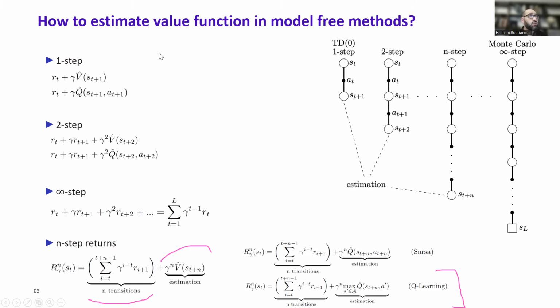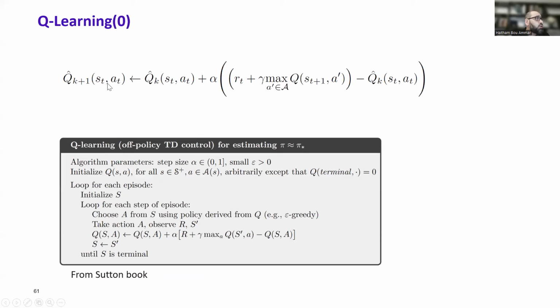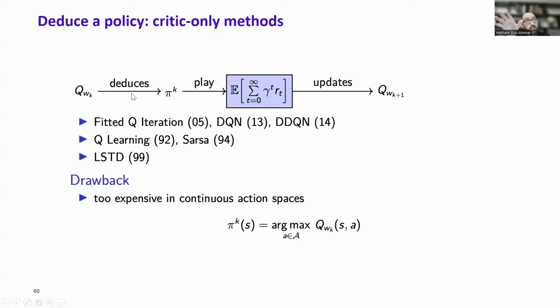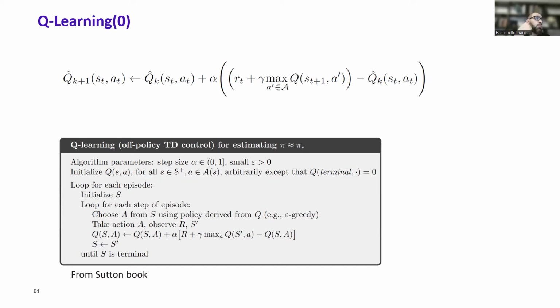Okay, so far we have discussed Q-learning. First of all, we talked about critic-based methods, which are indirect methods. You estimate the Q, then you play the policy, and based on the return, you try to update the Q. We talked about the Q-learning algorithm.